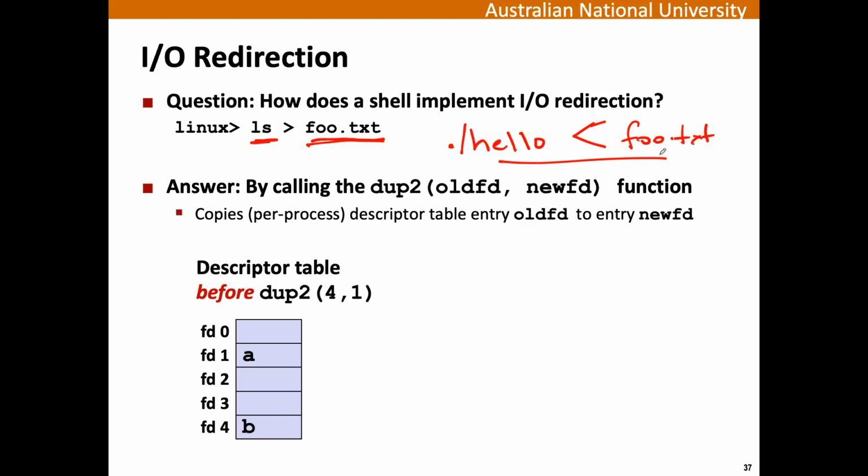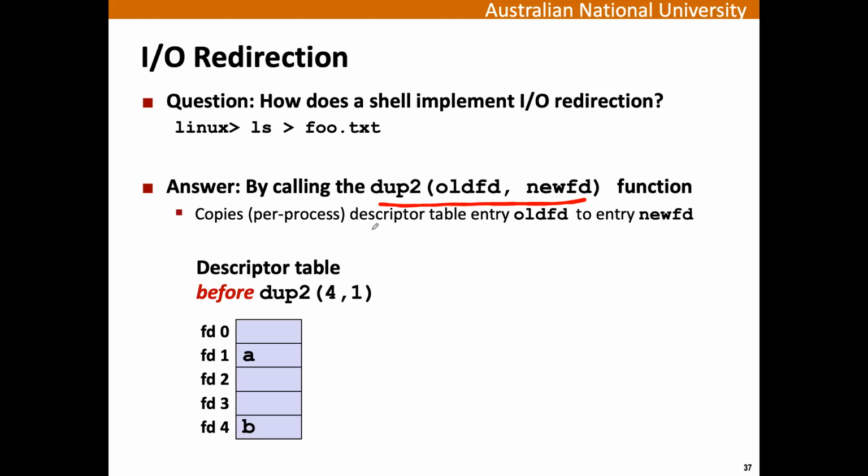You can redirect the output of a program or a command to a file on disk, or you can read from a file on disk instead of reading from the keyboard. How the kernel implements that is interesting. There is a dup2 function which copies the old file descriptor to the new file descriptor. So let's see an example of that.